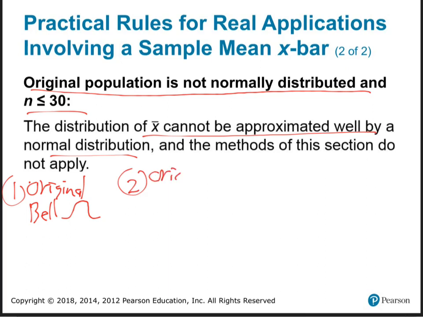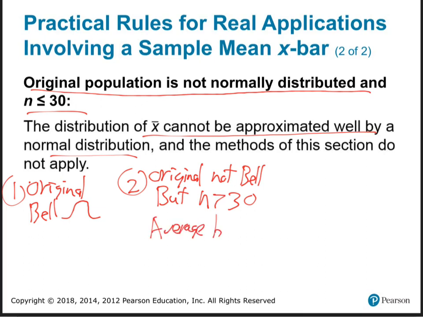Case 2, if the original is not a bell, but we're using more than 30, then the average becomes bell-shaped. Case 3.